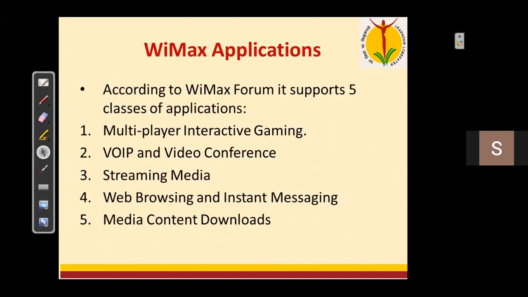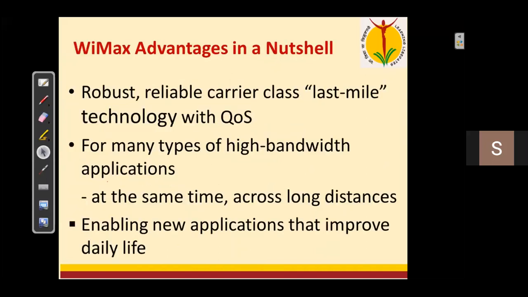The applications of WiMAX are multiplayer gaming, then VoIP, video conferencing, streaming media, web browsing, instant messaging, and media content downloads. So what are the advantages of WiMAX in a nutshell?